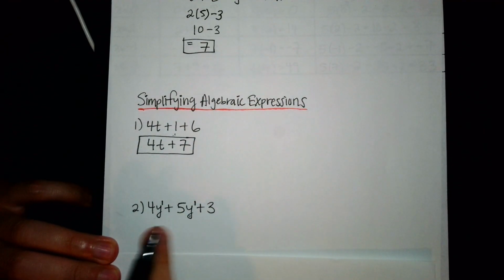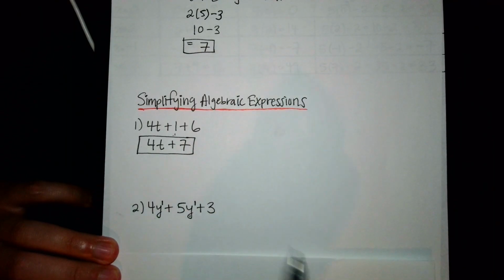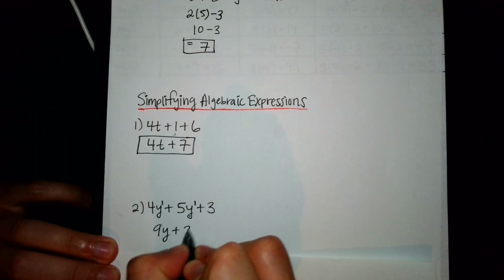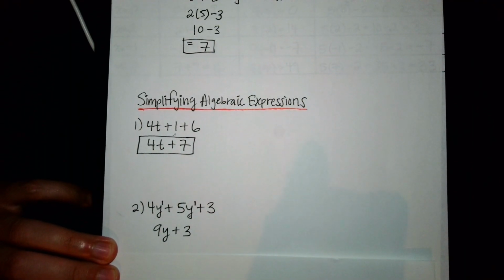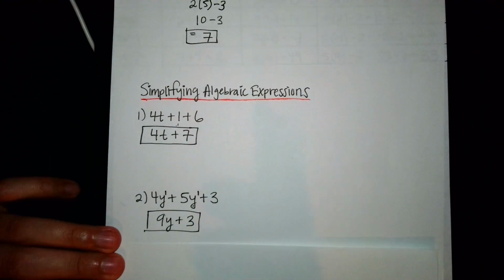So all you have to do here is add the coefficients. So 4y plus 5y would give us 9y, and then we're left with 3. So 9y plus 3. Now we check again if there's any other like terms, and there isn't, right? So we leave it as is, and this would be our final answer.